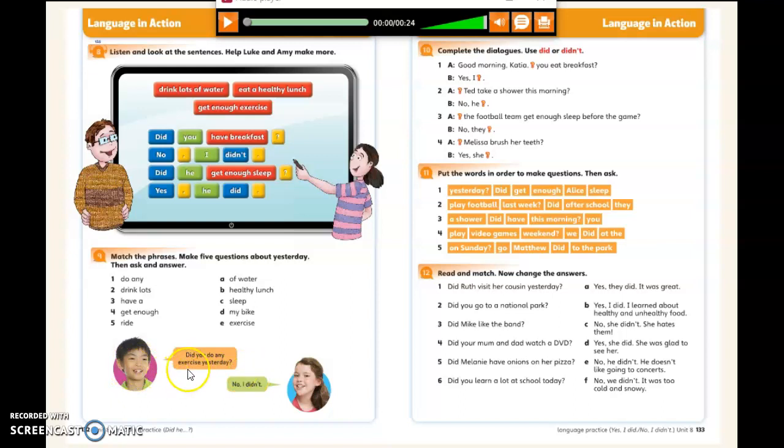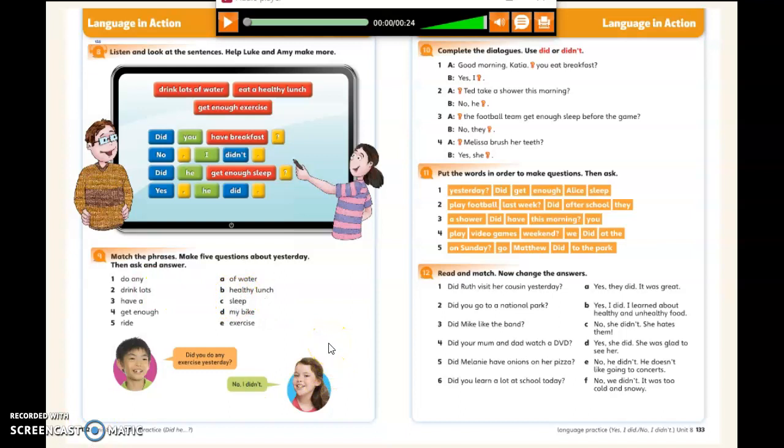You can practice this with someone at home, your mom, your dad, your brother, your sister. Okay. Also, you could encourage the other person to ask you questions so you can answer. Remember, if you did these things yesterday, try to tell the truth.